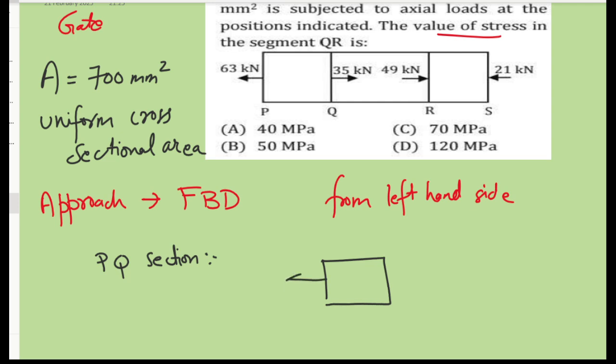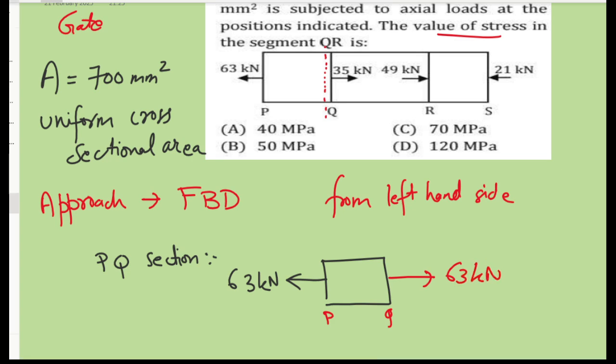Here we can see a load of 63 kilonewton is applied. So we will look at the section up till point Q, but just before point Q. So here we have 63 kilonewton. So by balancing, this should also be 63 kilonewton.